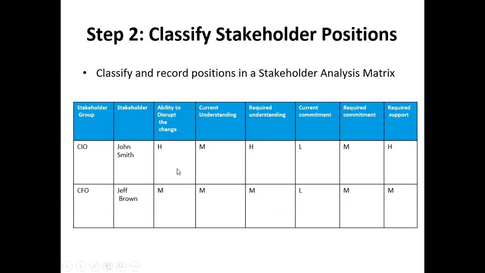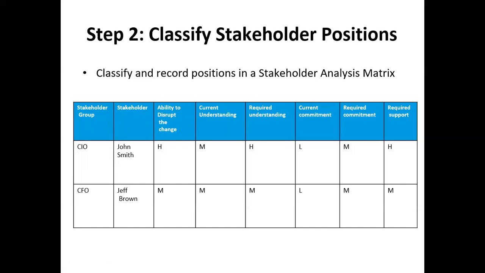If you look at this one, what is the first group called? Stakeholder group, CIO, CFO, those level of people. Second, let's look at the first example. Who is the stakeholder? John Smith, the CIO of your client, the CIO of the firm. Third, ability to disrupt the change is very high.